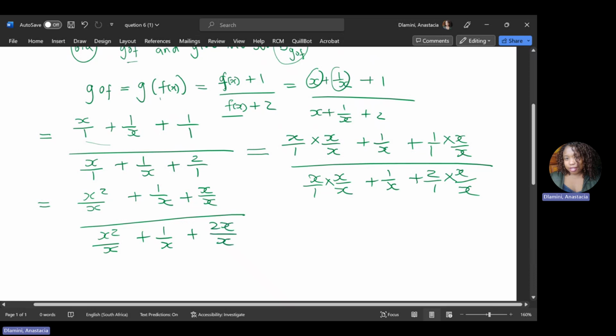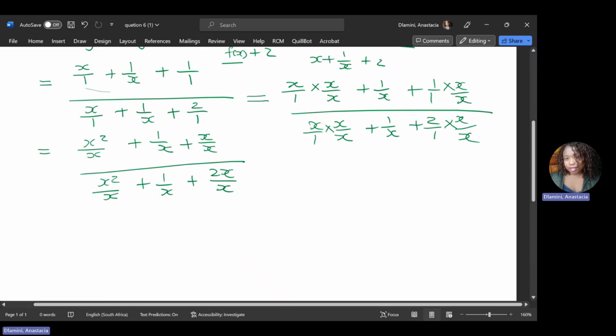Now we can see that all the terms in the numerator have a denominator of X, so we can add those terms. As well, in the denominator, all the terms in fraction form have the same denominator.